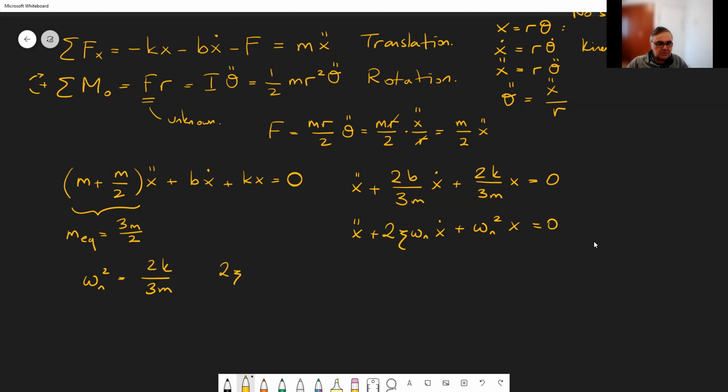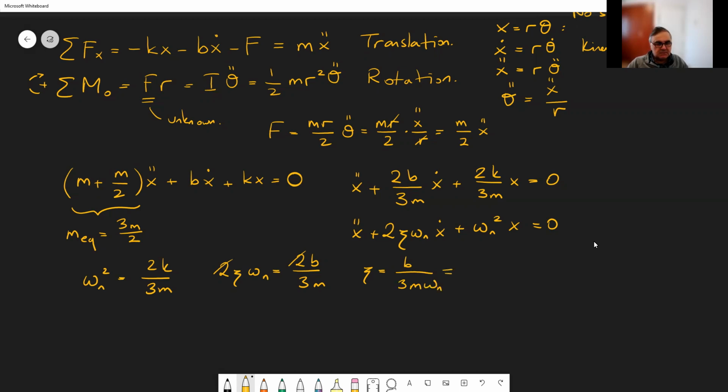And then 2 zeta omega n is equal to 2b over 3m. These twos cancel, and we can write zeta is equal to, from here, b over 3m omega n.